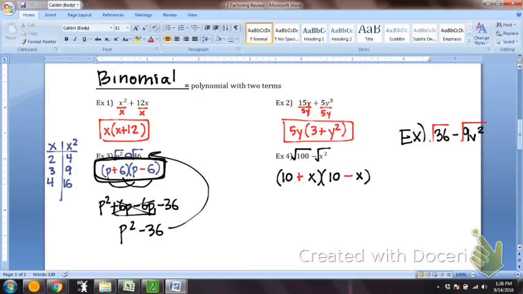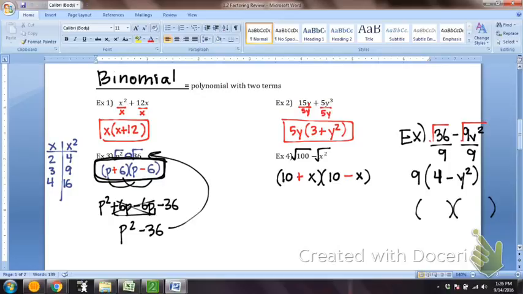So before you even did the square root, what's this divided by 9 and this divided by 9? That gives me 4 minus y squared. From the beginning, you always need to divide by the greatest common factor. Otherwise, your answer will not be correct. And what's the square root of 4? 2.